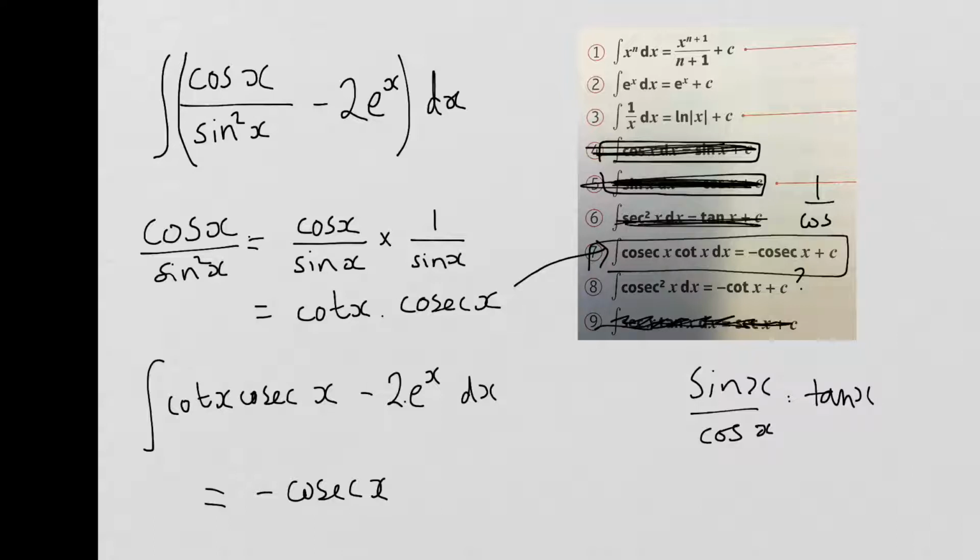Then the 2 times e to the x, that 2 is just a coefficient, so we're keeping that. And we know that e to the x doesn't change when it's differentiated. It's not going to change when integrated unless there is a number in front of the x. So that just becomes 2 times e to the x. And then, never ever forgetting, plus c. Lovely. Thank you very much.